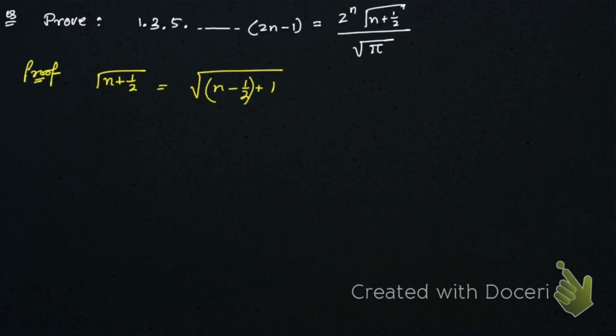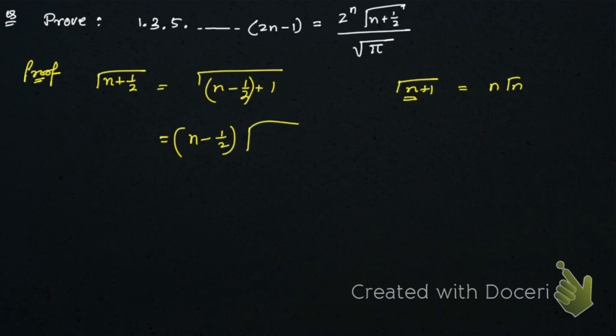We know that gamma n plus 1 is n gamma n, right? Let us apply this. In this case n is n minus half, right? So then we're going to have n minus half gamma. So this is not square root, this is the gamma function, right? This is gamma.